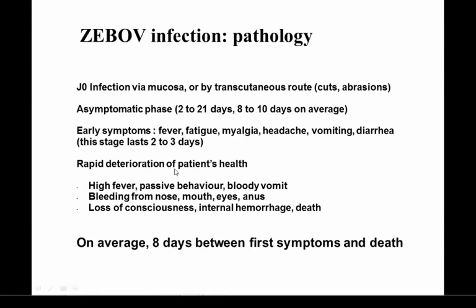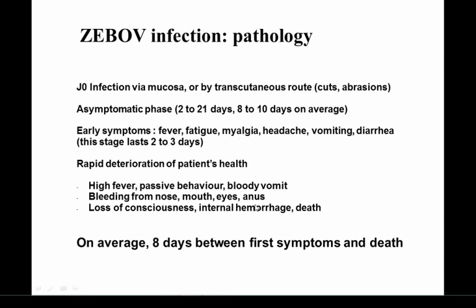The fever doesn't go down; it gets more and more severe. People will become completely passive, just lying down. They don't move. They don't answer questions. And then you have the hemorrhagic syndrome: bloody vomit, bleeding from the nose, mouth, eyes, anus. Then people will have internal hemorrhages and die.